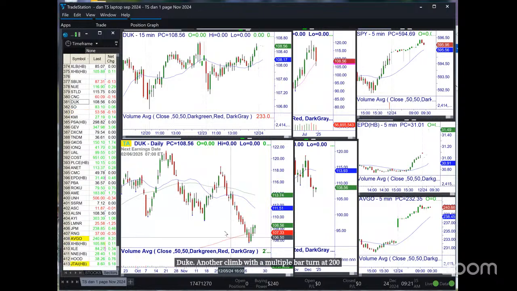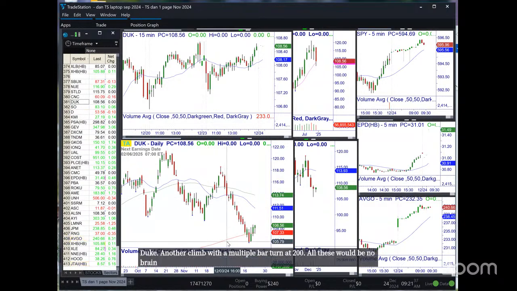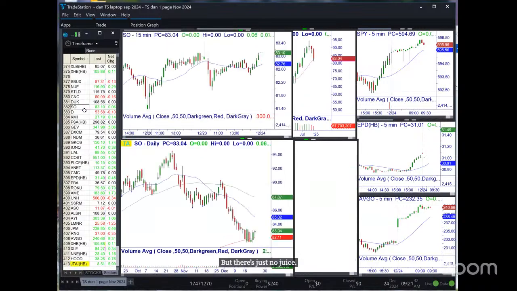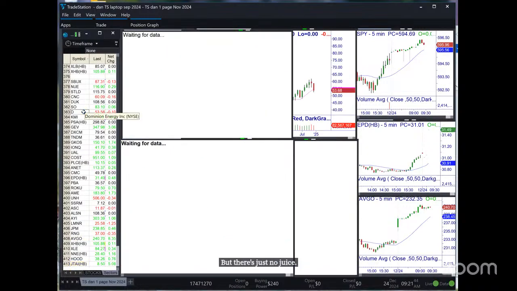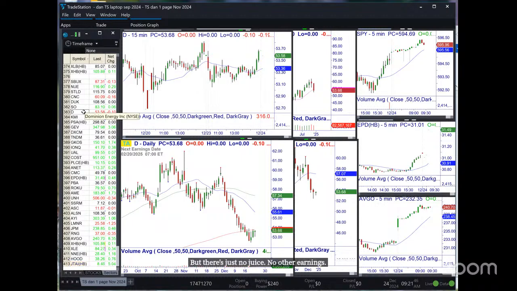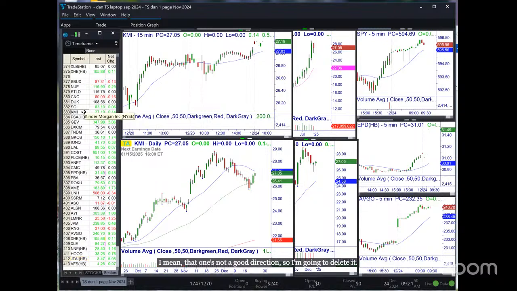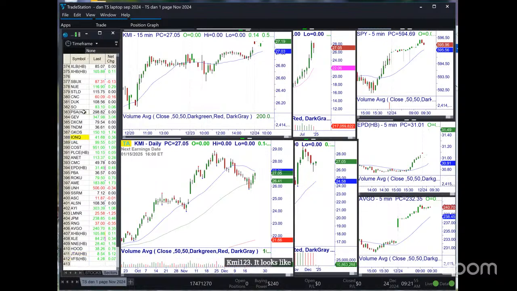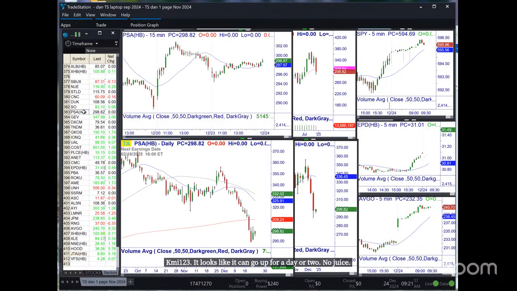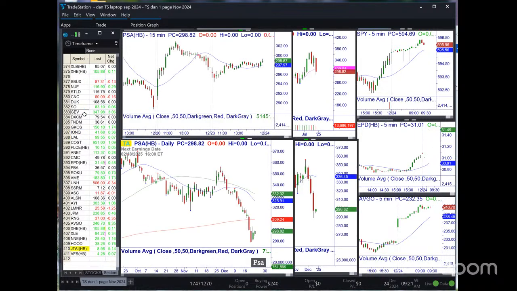All these would be no-brainer put ideas, but there's just no juice. Southern D, that one's not a good directional, so I'm going to delete it. KMI 123. It looks like it can go up for a day or two. No juice. PSA put spread, but was too spready.